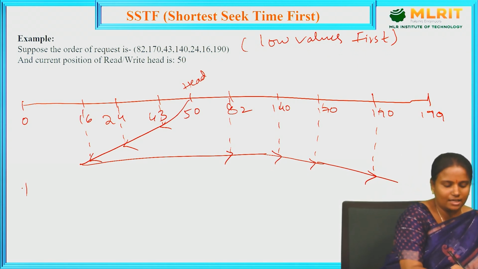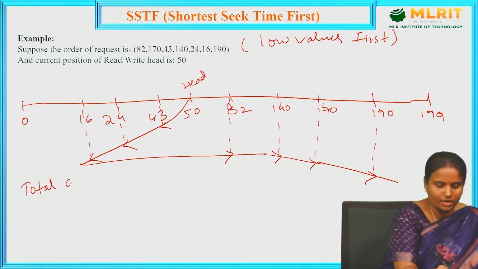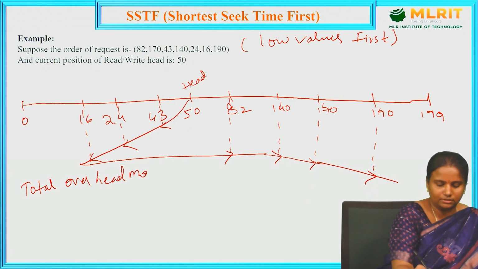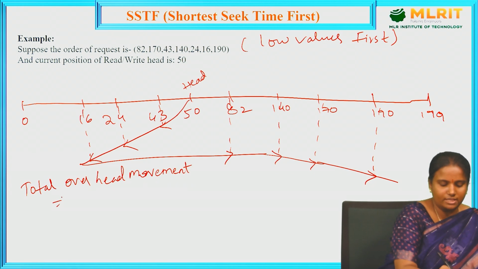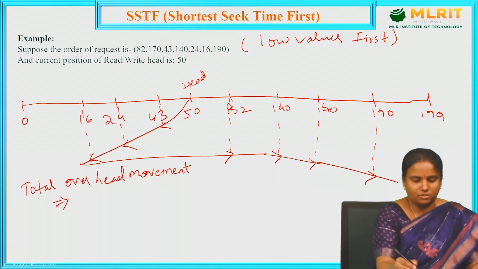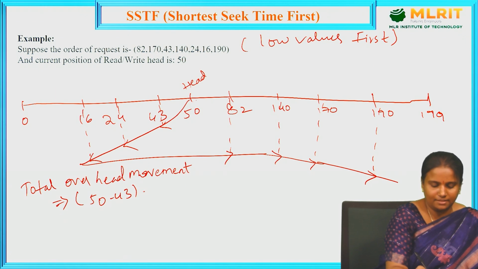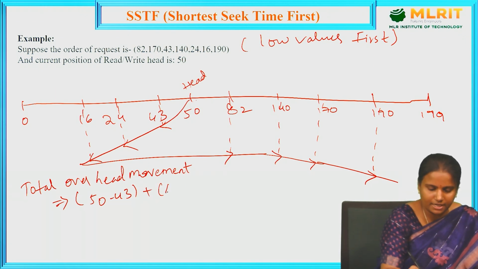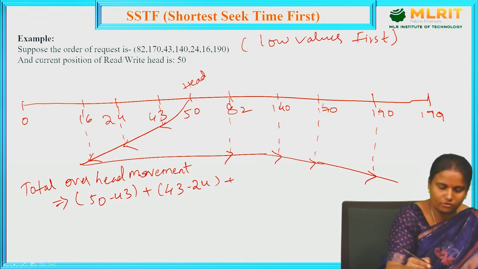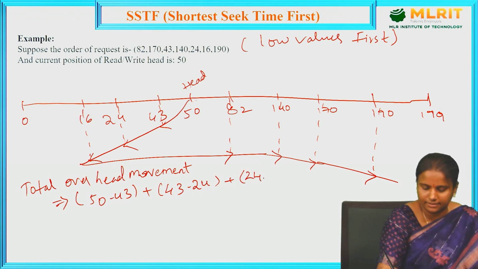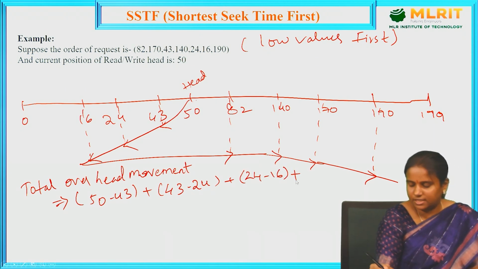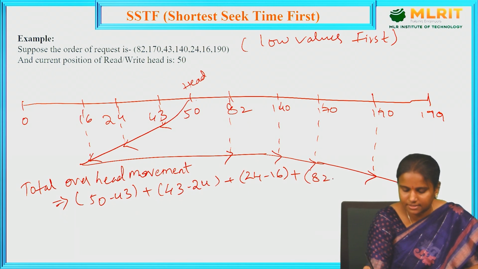Let us calculate the total head movement. 50 minus 43, plus 43 minus 24, plus 24 minus 16, and next 82 minus 16.